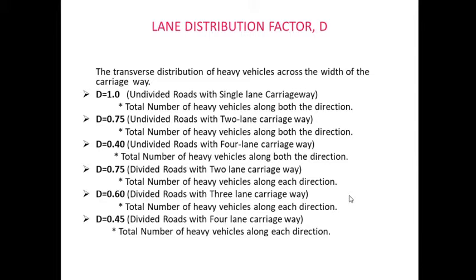The transverse distribution of heavy vehicles across the width of the carriageway can be taken as 1 for an undivided road with a single lane carriageway, then 0.75 for an undivided road with a 2-lane carriageway, then 0.4 for an undivided road with a 4-lane carriageway.